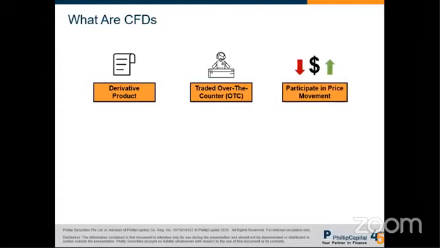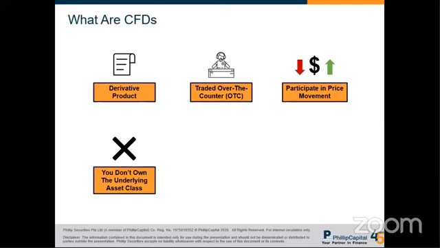The last thing, we will cover CFD before you go into the platform. What is CFD? CFD is a derivative product that is traded OTC. It allows you to participate in the price movement, whether it's upward or downward. But one thing is that for CFD, you do not own the underlying asset like a stock. Let's say I own a DBS stock, I'm entitled to go for the AGM and certain other rights.